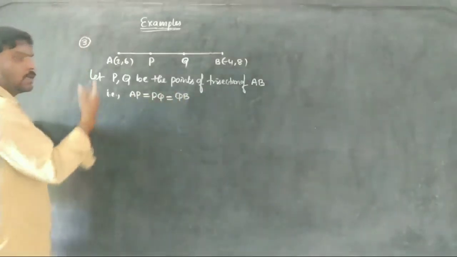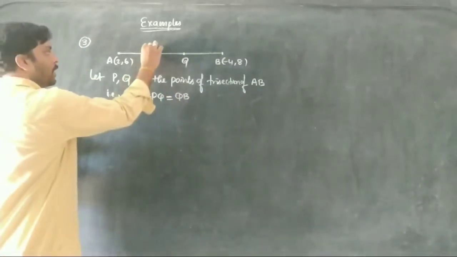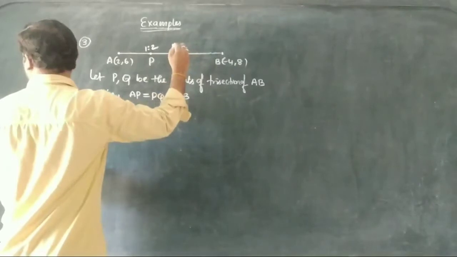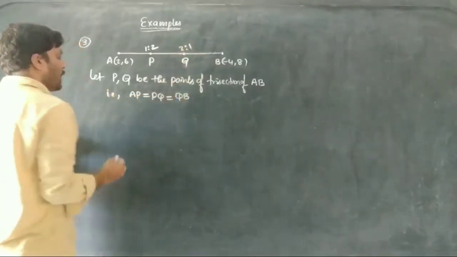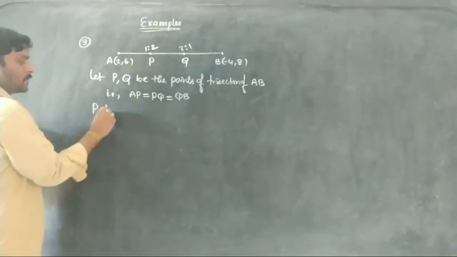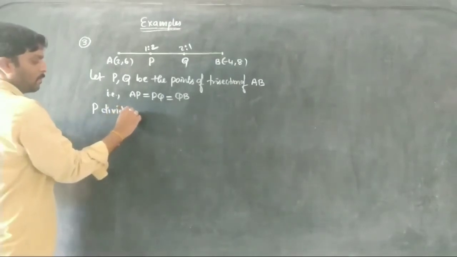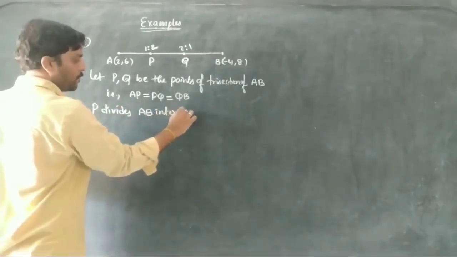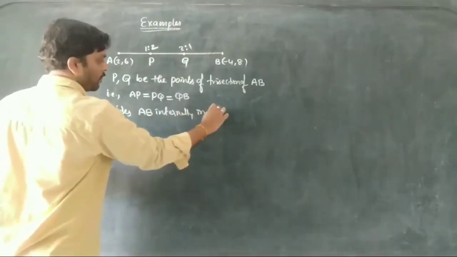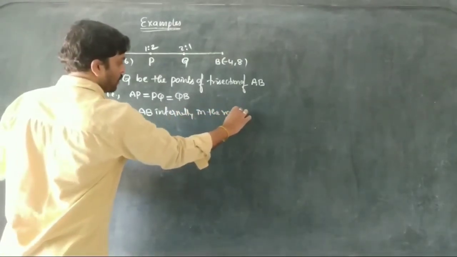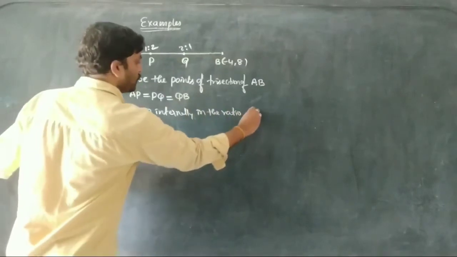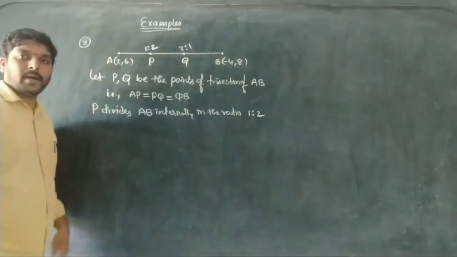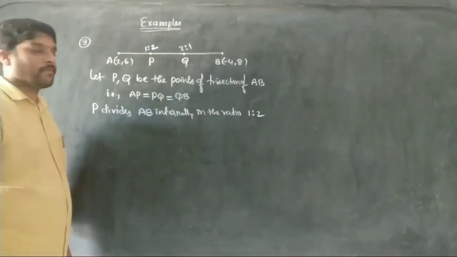After that, P divides in the ratio 1 is to 2, Q divides in the ratio 2 is to 1. Now let P divide AB internally in the ratio 1 is to 2.